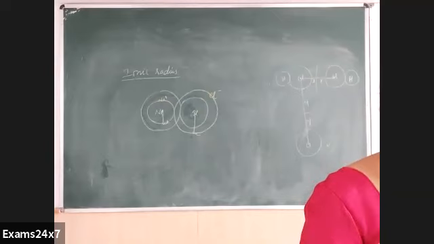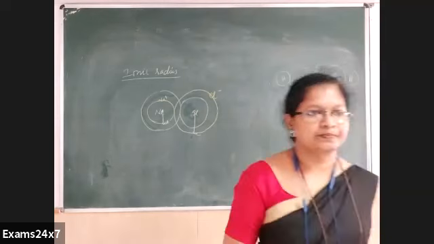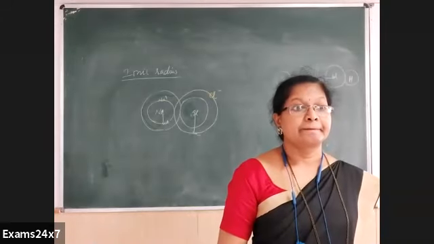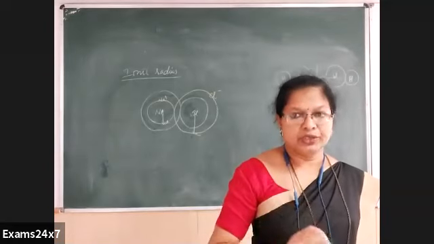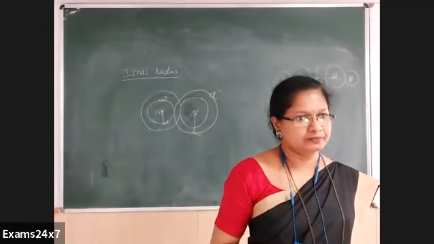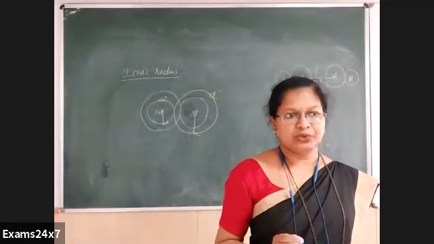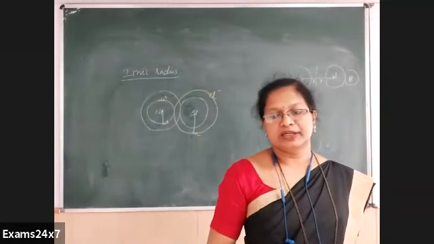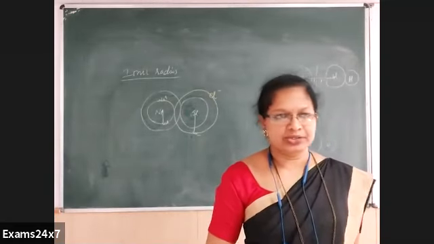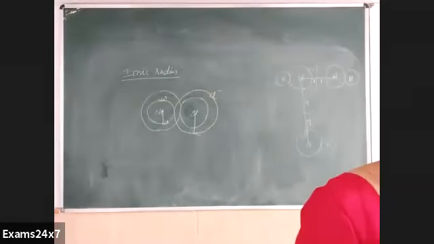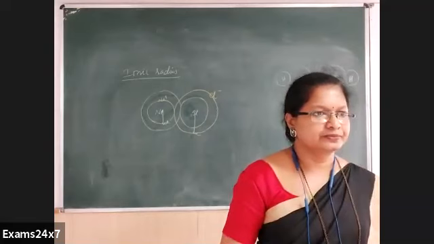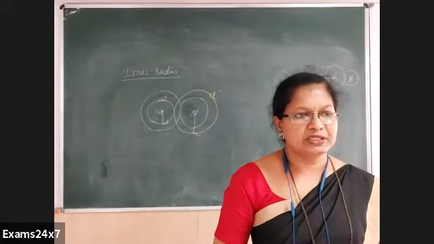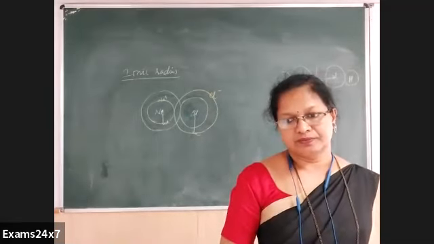Do you know what effective nuclear charge is? Attraction by the nucleus on outer shell electrons is called effective nuclear charge. That is simple. Effect of nucleus on electron. That's it.